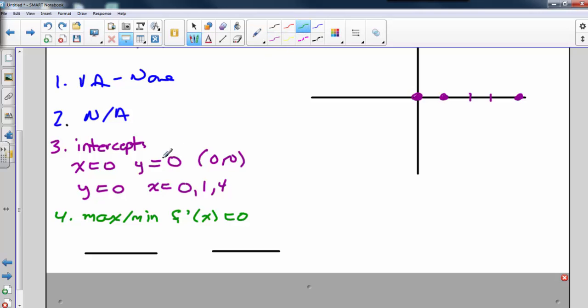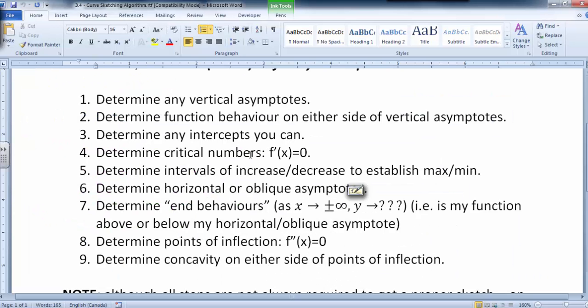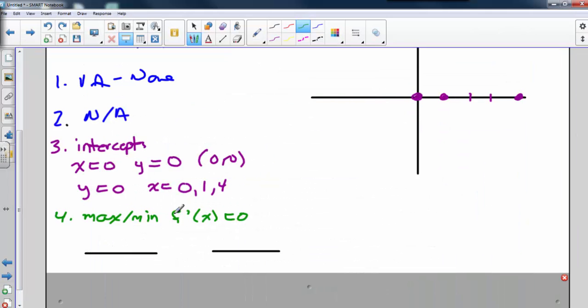Maximums and minimums. So essentially I need to take the derivative, again following through here, determine critical numbers, so maximums and minimums, and steps 4 and 5 go together to determine where we have maximums and minimums. So we have to set f prime to 0.